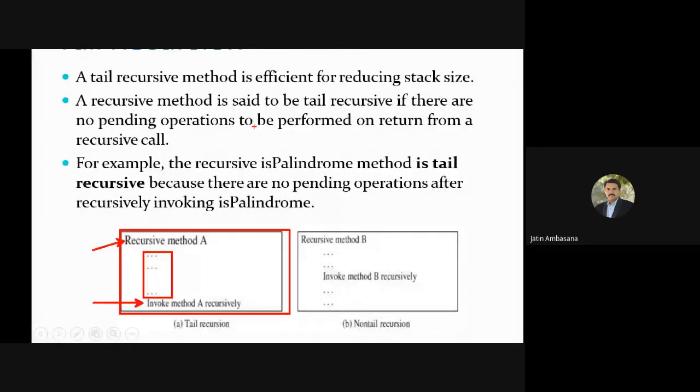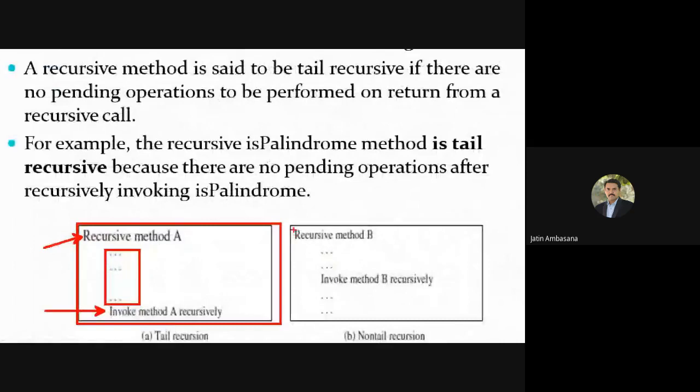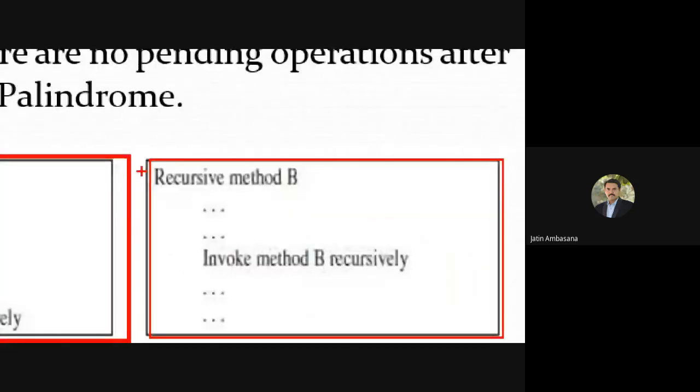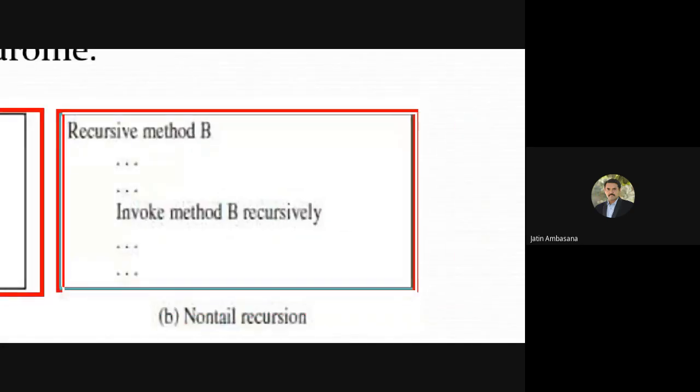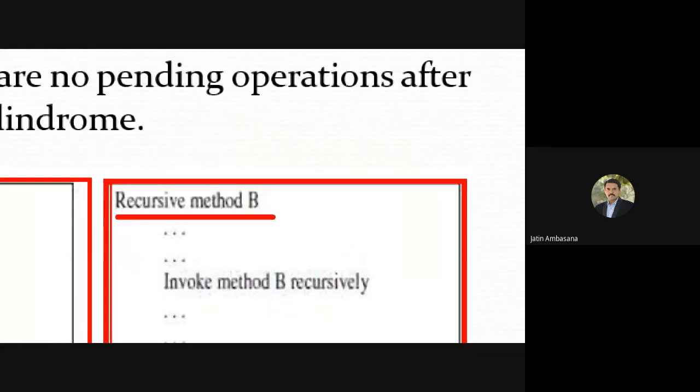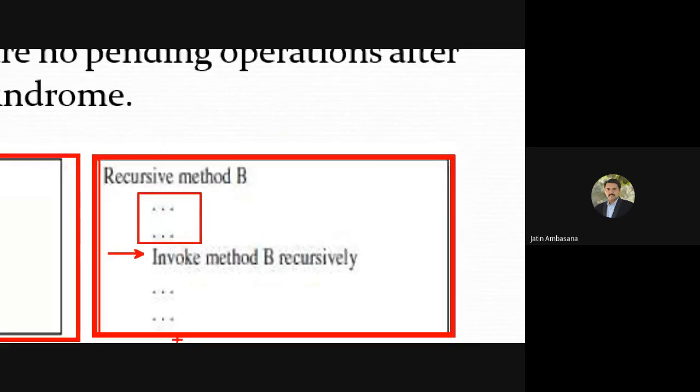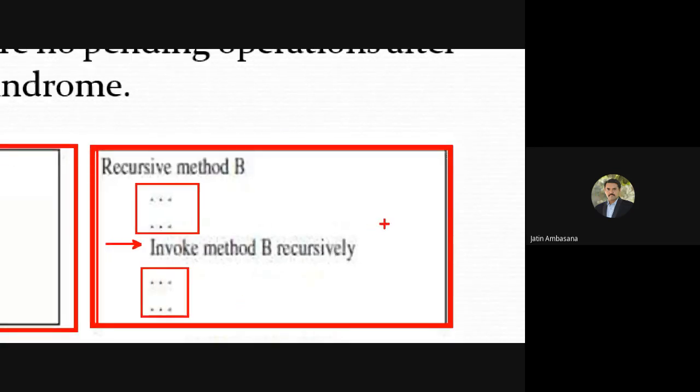Whereas, if you see this method B, the recursive method is being called. So it has got some code, and then it calls the method recursively, and then again there is some code. What happens?